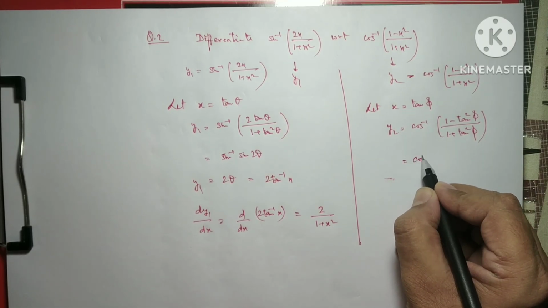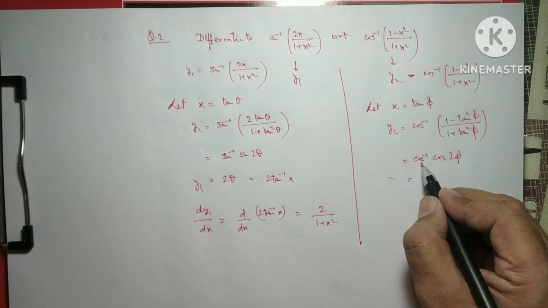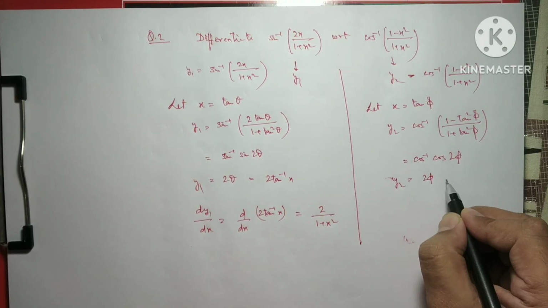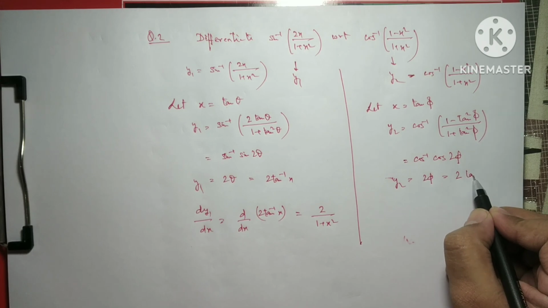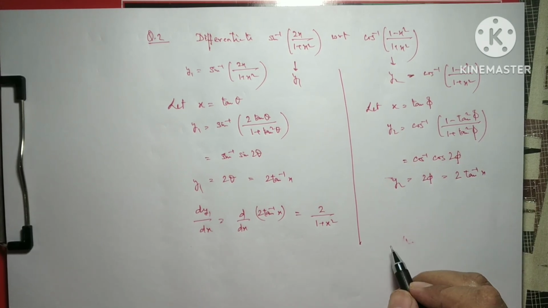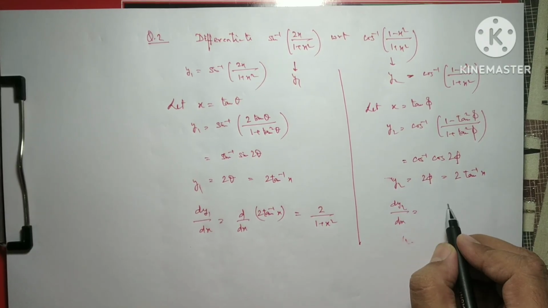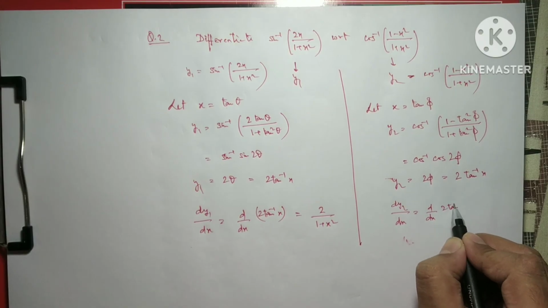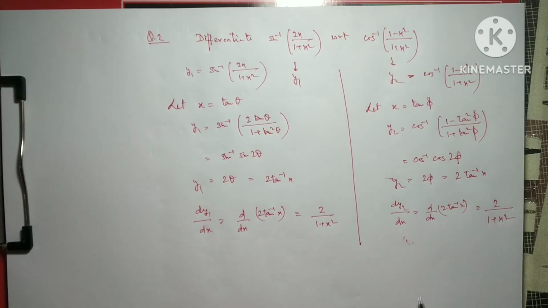It means this is cos inverse cos 2 phi. So that is cos inverse cos neutralize हो जाएगा, you get 2 phi. तो y2 is 2 phi means 2 tan inverse x, right? So dy2 over dx is differentiation of 2 tan inverse x. We get 2 over 1 plus x square.